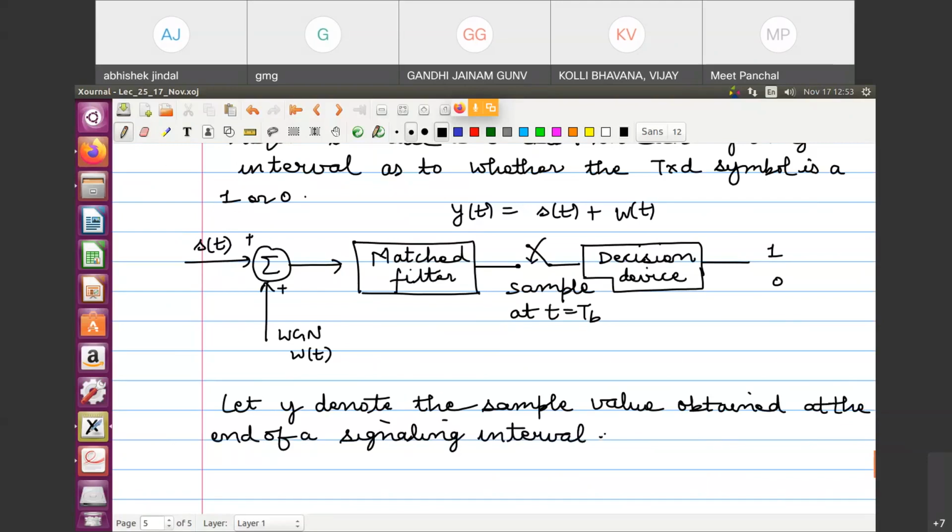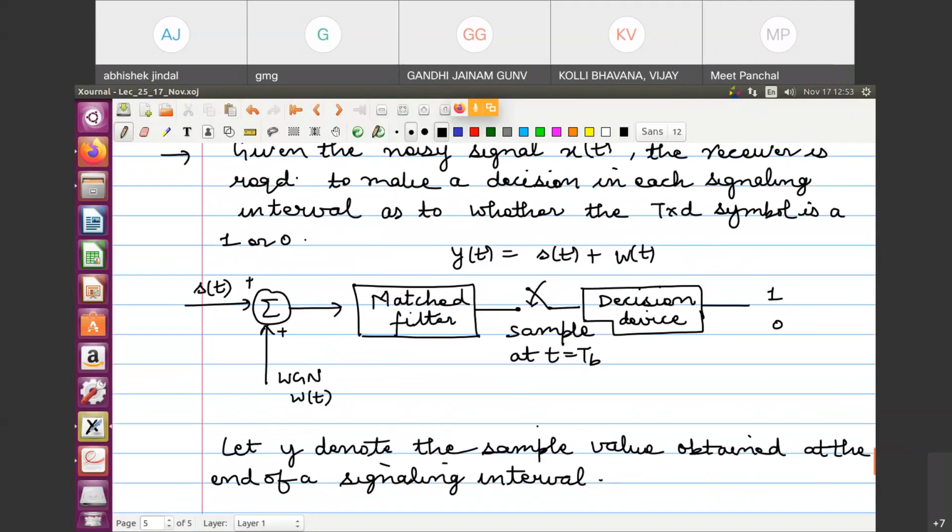Okay, so this is, let us say, y. Instead I should rub this because this will lead to confusion.